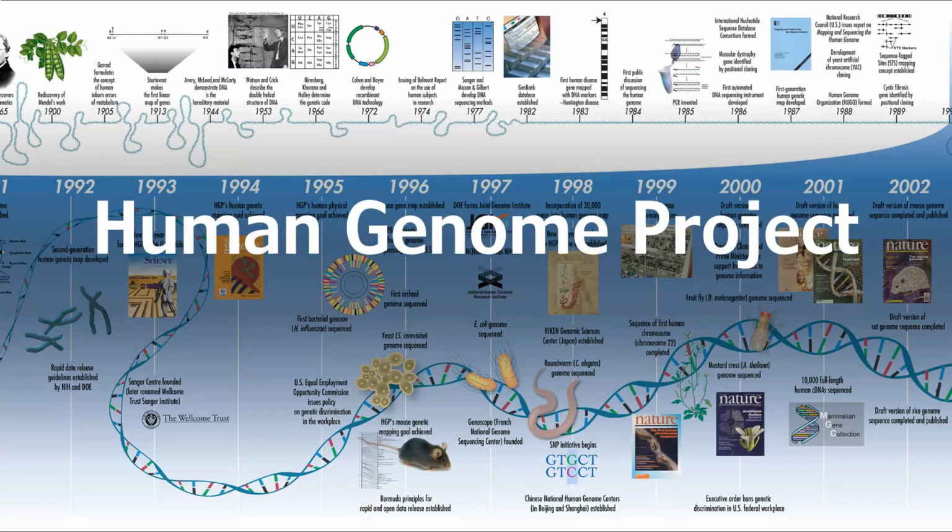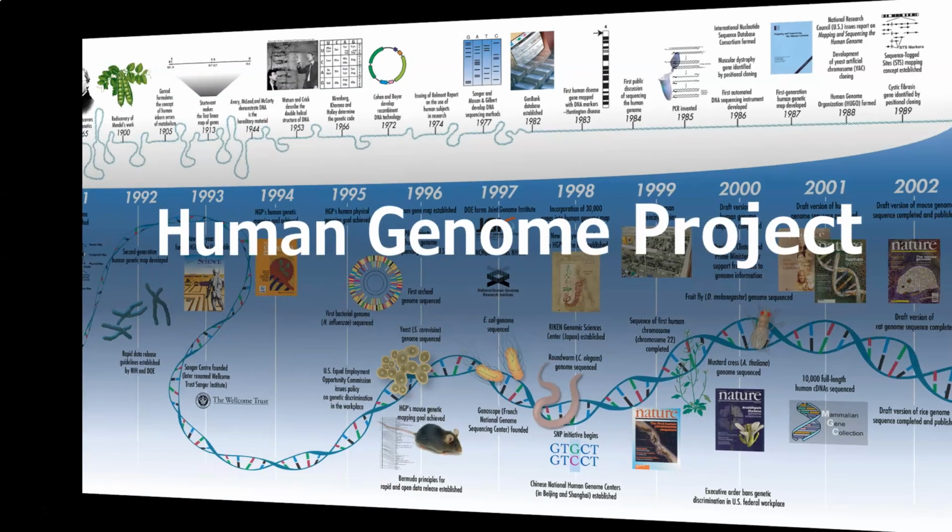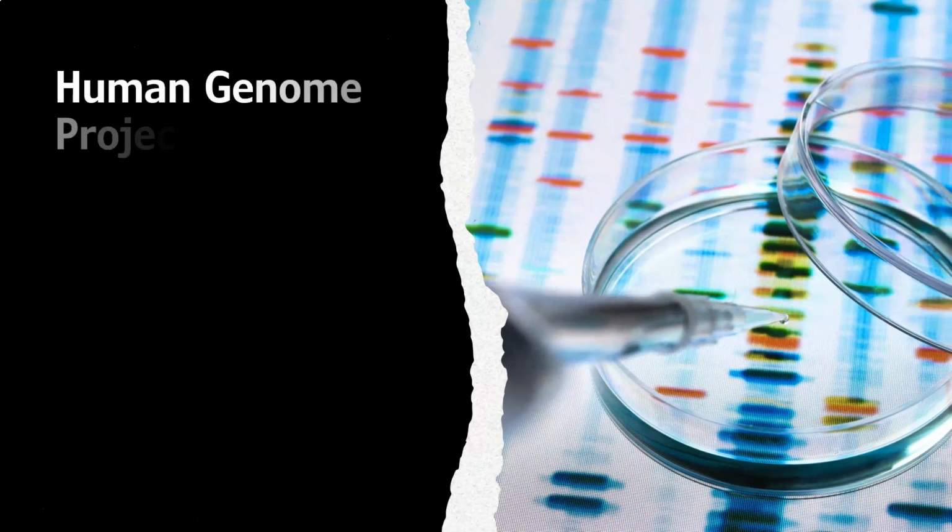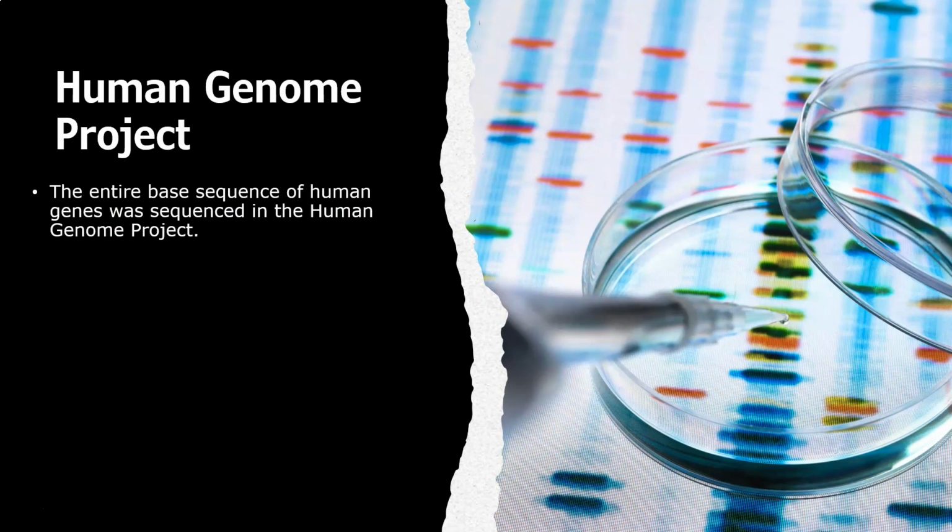So we're going to move on now, whilst we're thinking of that whole concept of genome, to look at the Human Genome Project. Now, the entire base sequence of human genes was sequenced in the Human Genome Project. So remembering that humans have the same number of genes, that's what makes us a species. Different types of genes, so different alleles, but we've got the same number of genes.